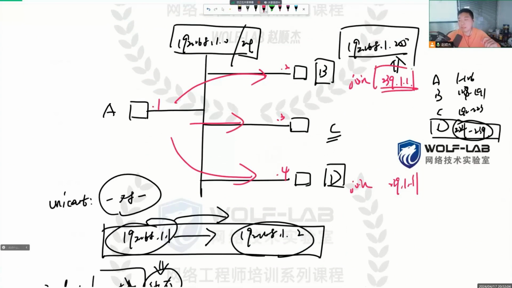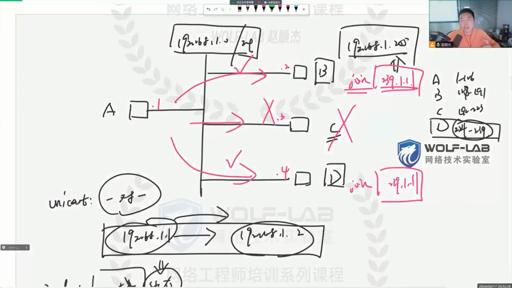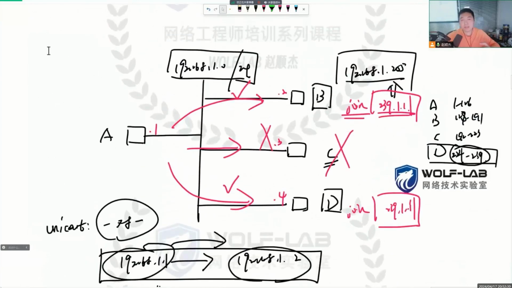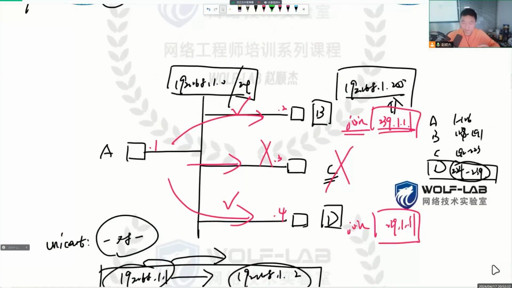So now let's reflect it in our EIGRP. In EIGRP, our multicast address is 224.0.0.10. Once our interface runs EIGRP, what will happen? Show IP interface 0. What do you see? Look at the network layer IPv4 address information of our 0 interface.